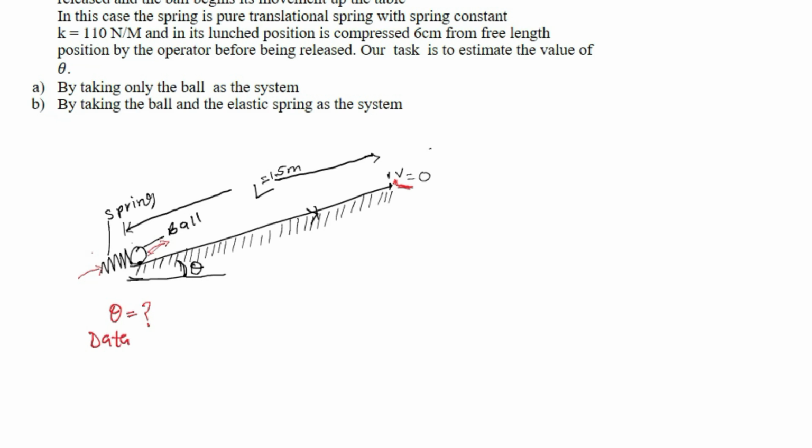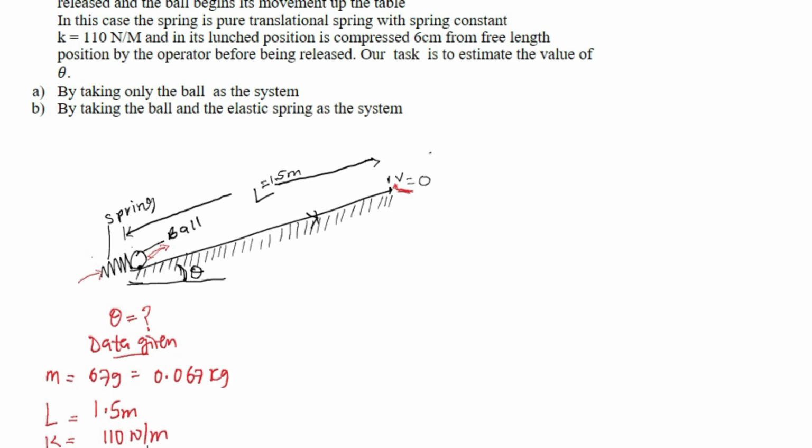Now the data we are given from the question: the mass of the ball is 67 gram, equivalent to 0.067 kilogram. We are given a length of 1.5 meter and a spring constant of 110 Newton per meter.